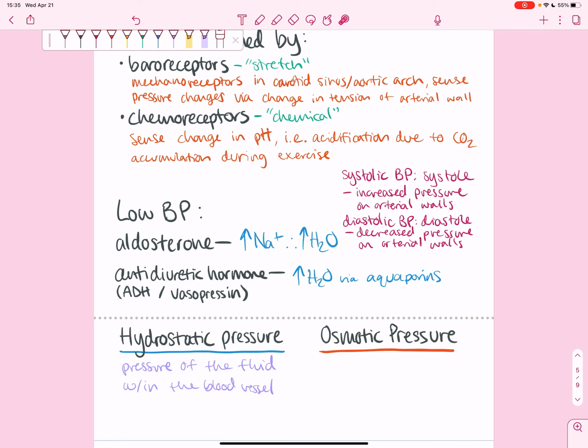If you have more solutes on one side of a wall and not as many on the other side, instead of trying to push the solutes, it is much easier to withdraw water towards the area with many more solutes to try and balance out that solute to water ratio. That's what I mean by sucking pressure. So I'll write that down.